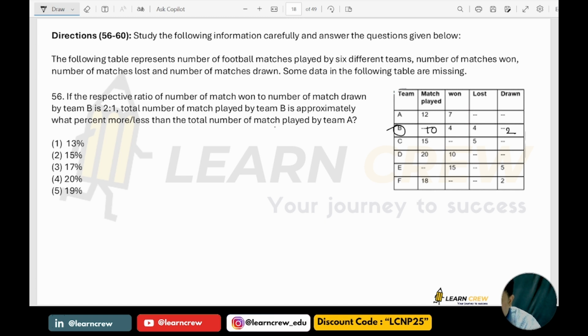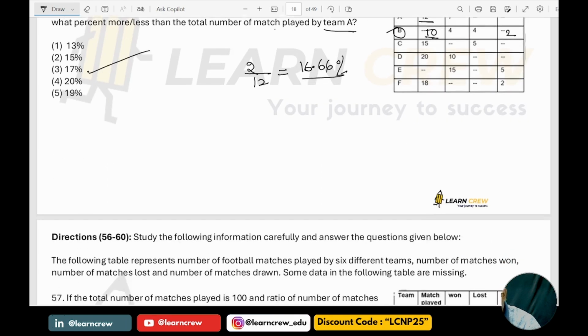Total matches played by team A is 12. Team A is 12, this is 10. So 2 by 12. 2 by 12 means 1 by 6. 1 by 6 means 16.66 percentage, approximately 17. So answer 3.